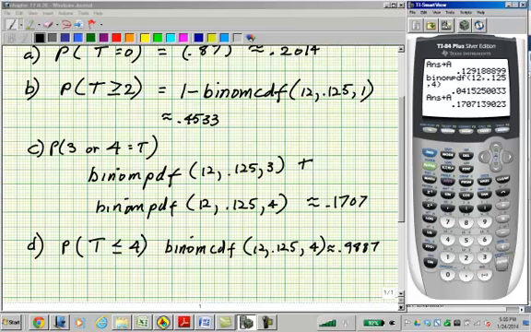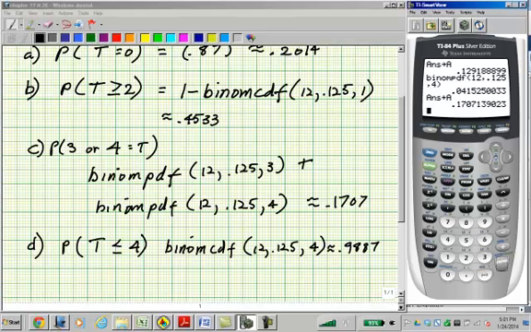So it's about 0.707 probability. And finally, what's the probability that there are no more than 4 frogs that have the trait out of 12? So that means you want to know the probability of 4 or 3 or 2 or 1 or 0.